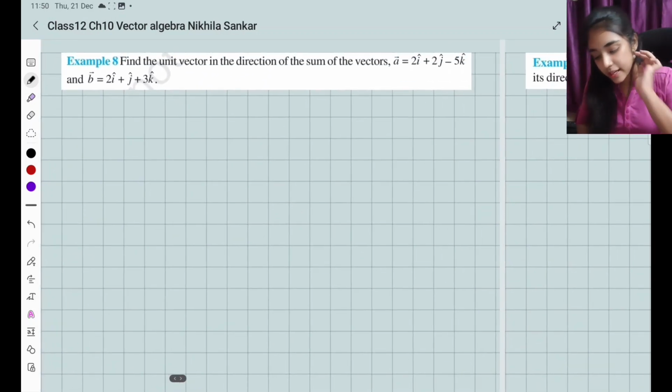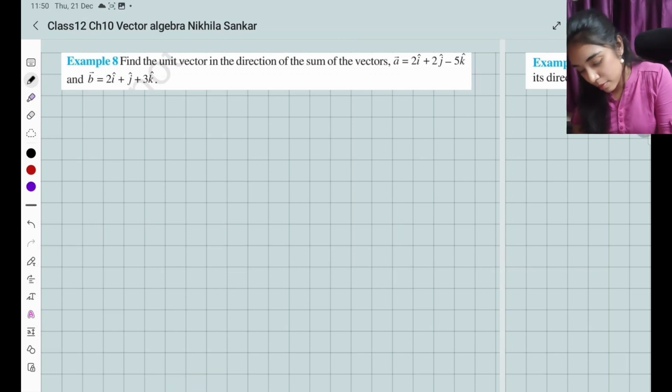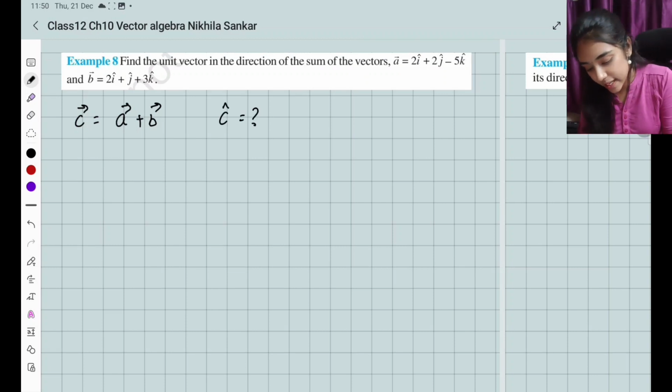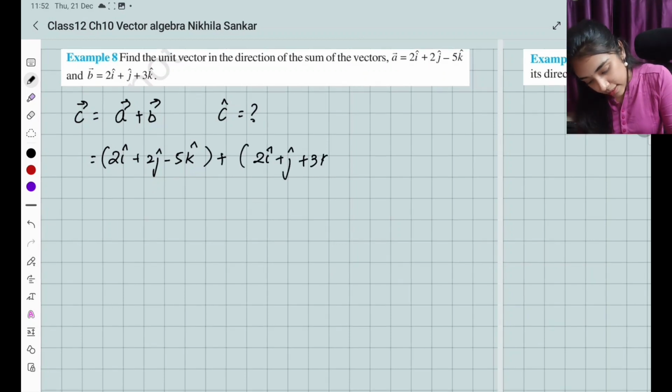Example 8. Find the unit vector in the direction of the sum of the vectors. Okay? இப்போ நான் sum of the vector c வந்து a plus b ன்னு எழுத போறேன். They are asking for a unit vector. So, c தான் கண்டுபிடிக்கணும். c ஓட cap கண்டுபிடிக்கணும். First, let me find out a plus b. So, I have 2i cap plus 2j cap minus 5k cap, இது ஒரு term, plus 2i cap plus j cap plus 3k cap.